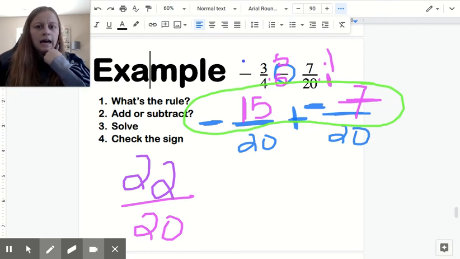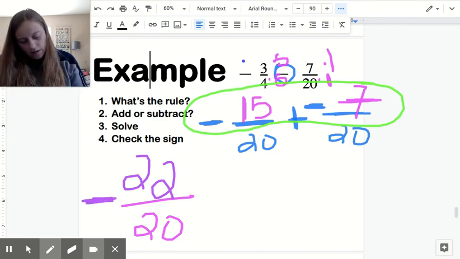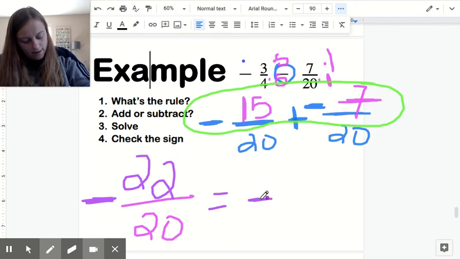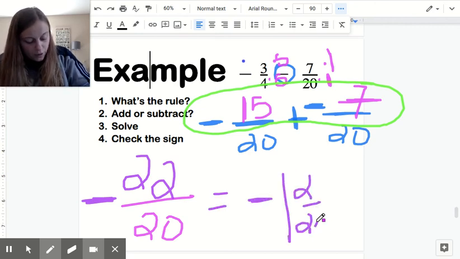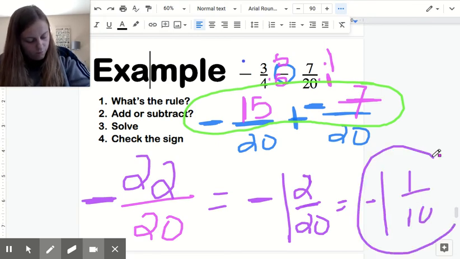Same signs, add and keep, so I'm going to keep the negative. Negative 22 over 20 can be simplified to negative 1 and 2/20, which can be simplified even more to negative 1 and 1/10.